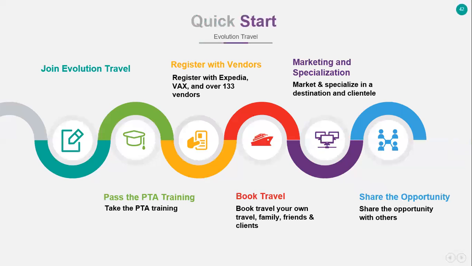Always emphasize that, because I just recruited an agent who asked me about marketing, and he wanted to know, does Evolution market or do we market? So we all know the answer to that. We market. So you emphasize the fact that you can market wherever. I mean, you can use social media, word of mouth.